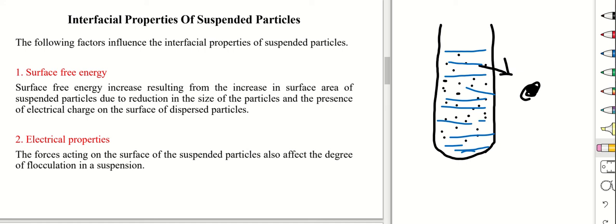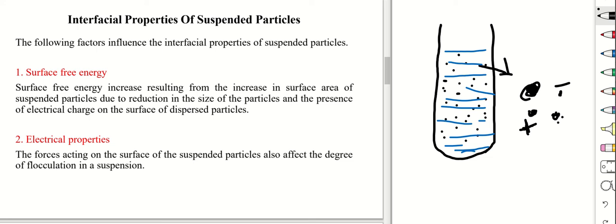Each particle will have a surface charge as it is finely divided. So each particle will have some surface charges existing, either positively charged or negatively charged based upon our drug nature. So each particle will be carrying a surface charge and also surface free energy.